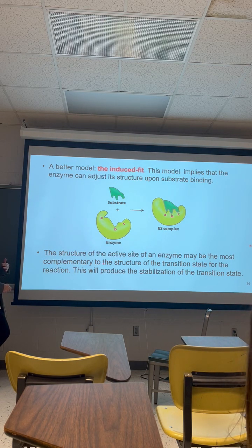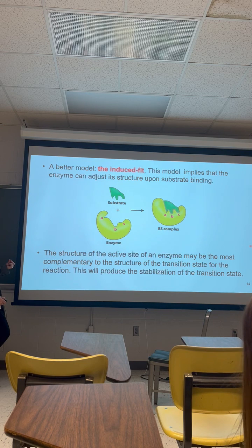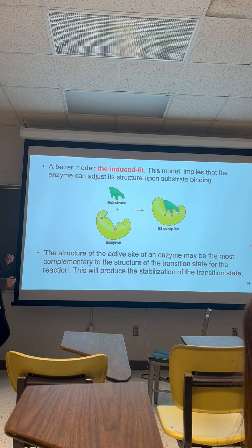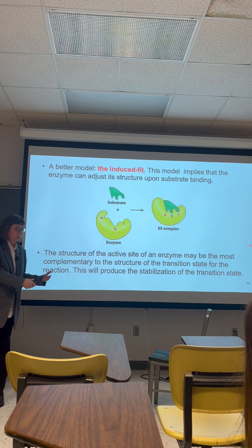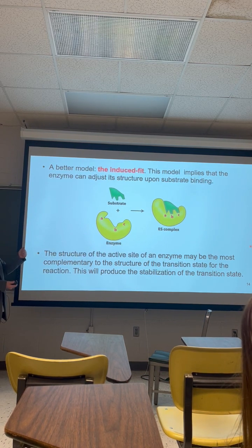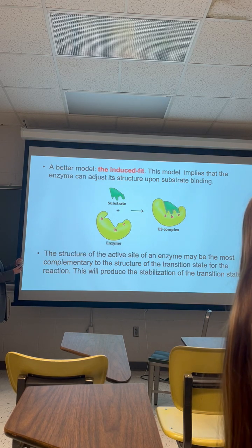So the structure of the active site of an enzyme may be the most complementary to the structure of the transition state. So this is why we are talking about transition state. As I said, substrate, when it is going to be converted to product, will first become transition state. And enzyme may be most complementary to the transition state.